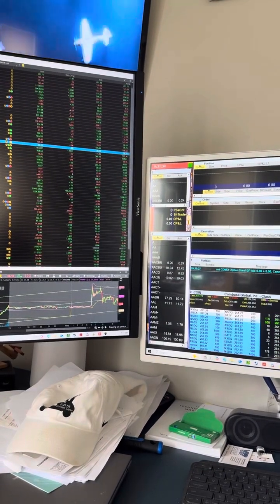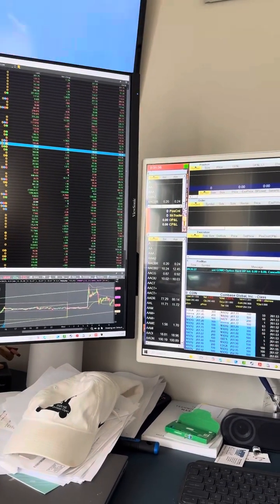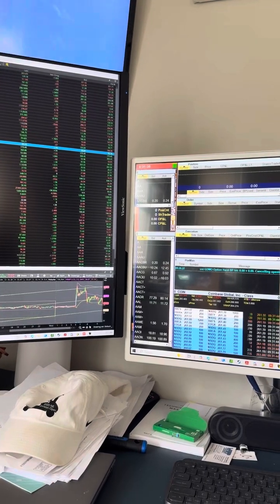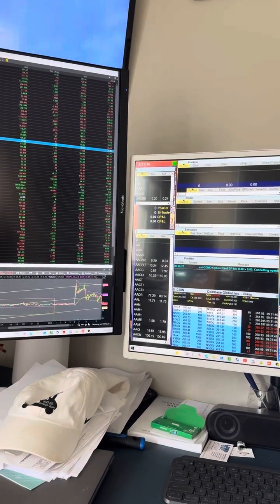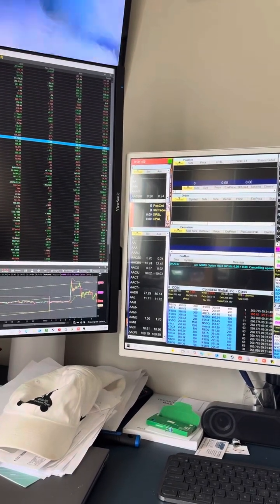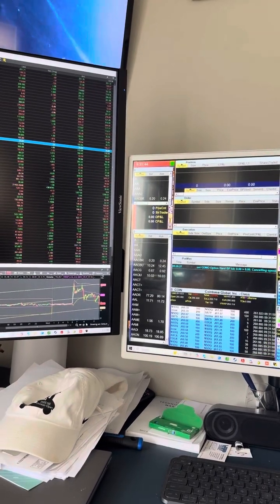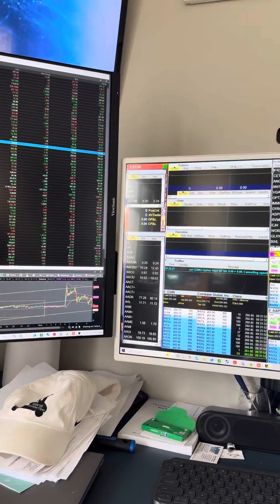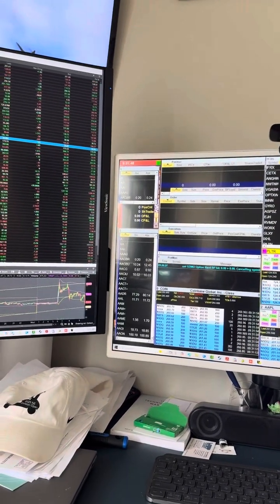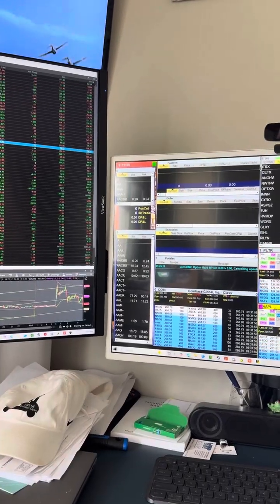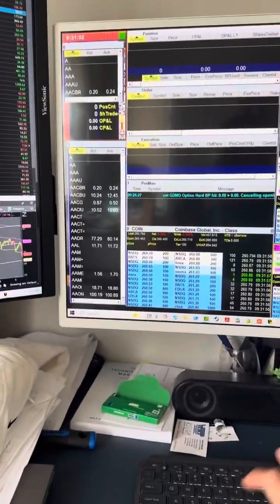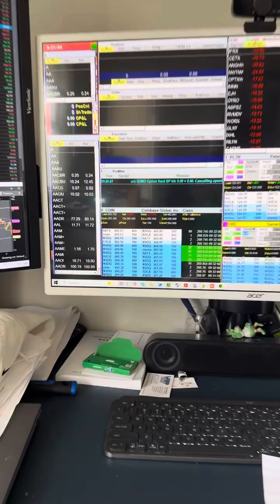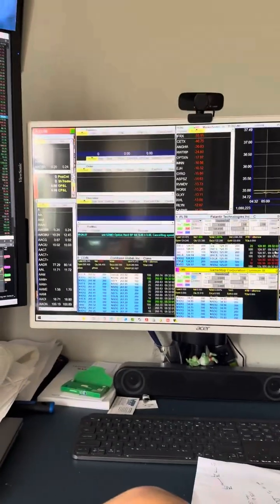Palantir's 124.96, 125. So with the market today, I might want to go long, but I think I want to do GameStop long right now. Give me one second. What's GameStop's, GME?